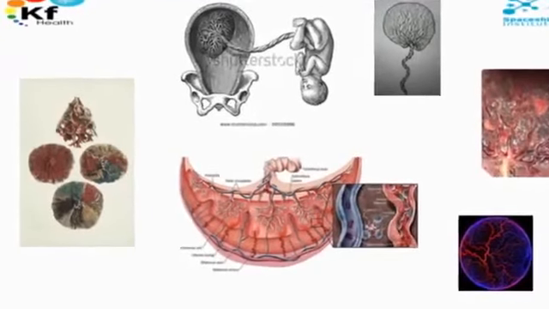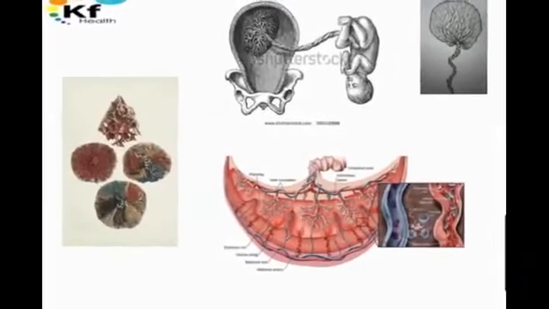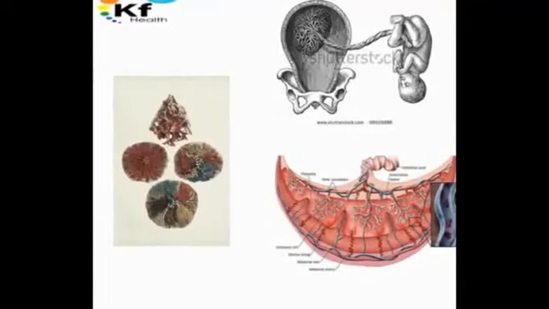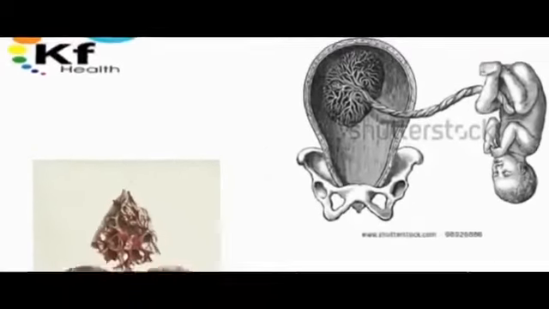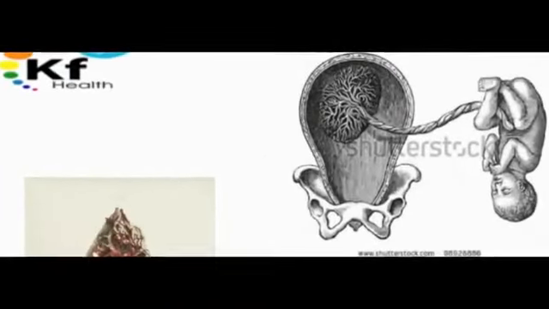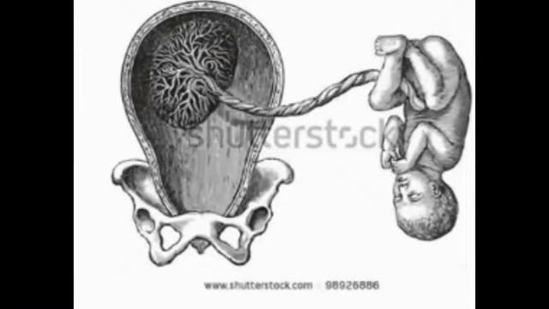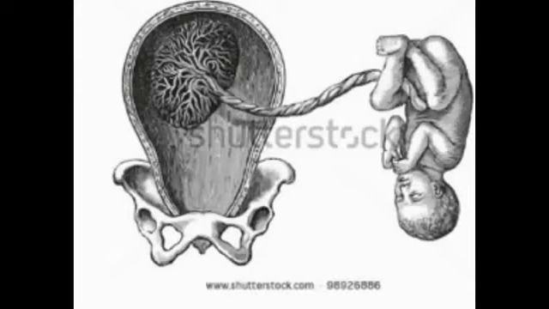The next slide is a slightly different correlation. This is a representation of the placenta and uterus. Actually, the circulatory system inside of the placenta is the same as the circulatory system inside of the retina.